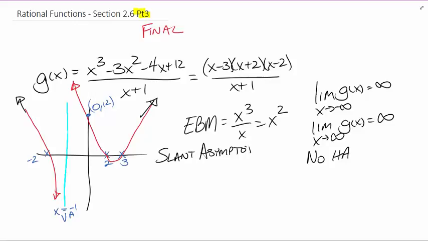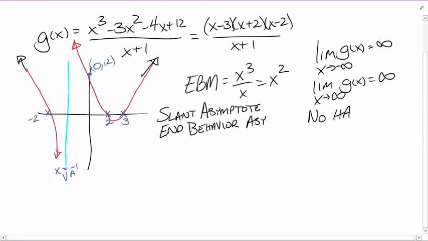A synonymous term would be an end behavior asymptote. And these are going to occur when the numerator has a greater power than the denominator, so the numerator degree is greater than the denominator degree.